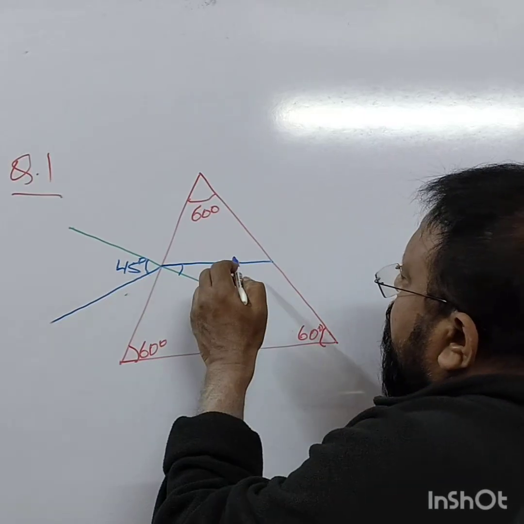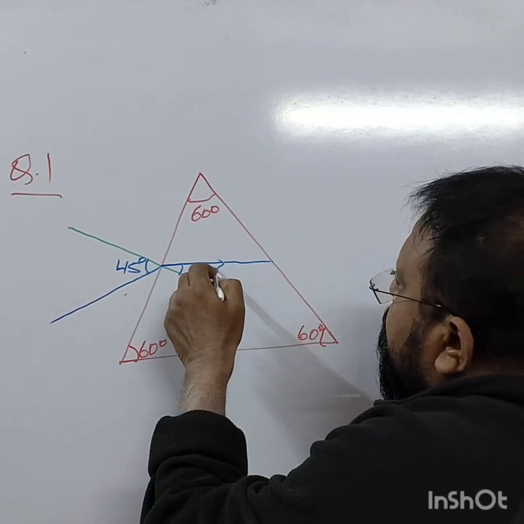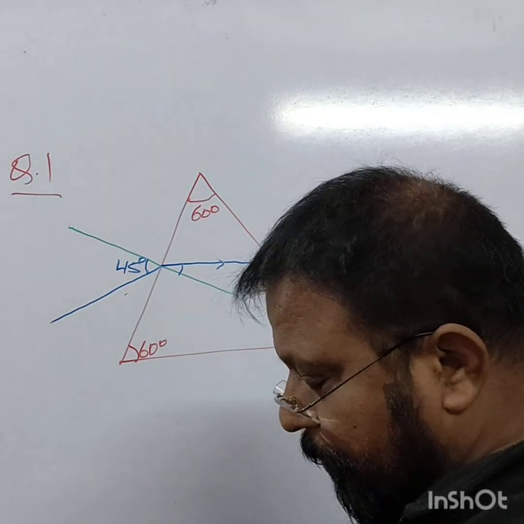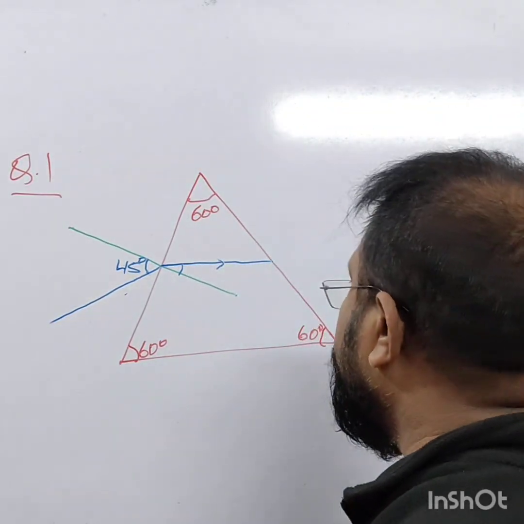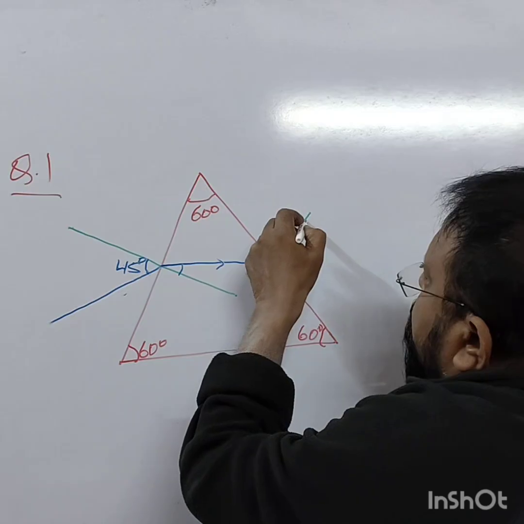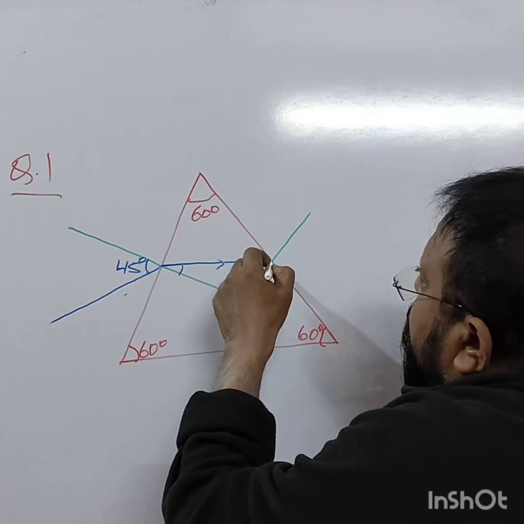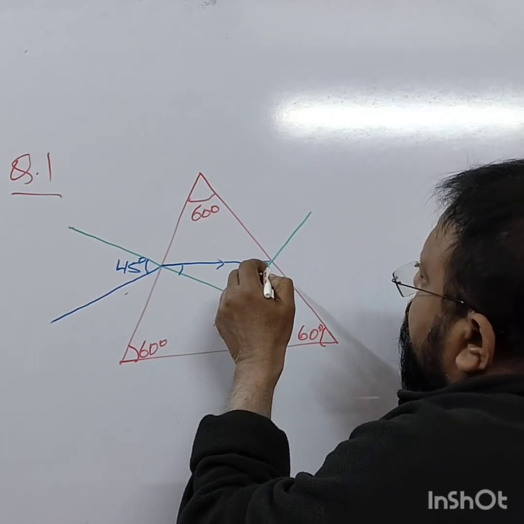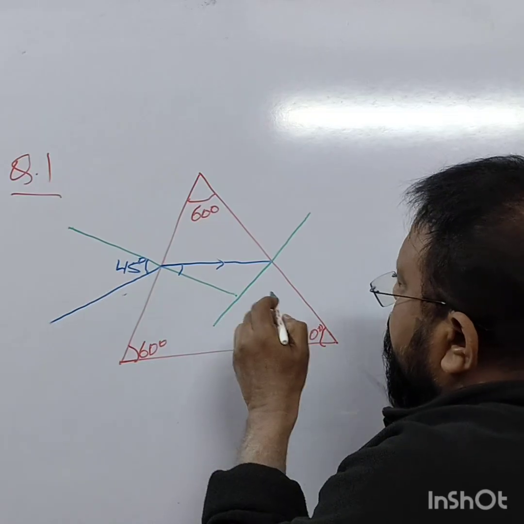Fine. Then it comes here, and here is again the normal of this side. Normal of this side, right?